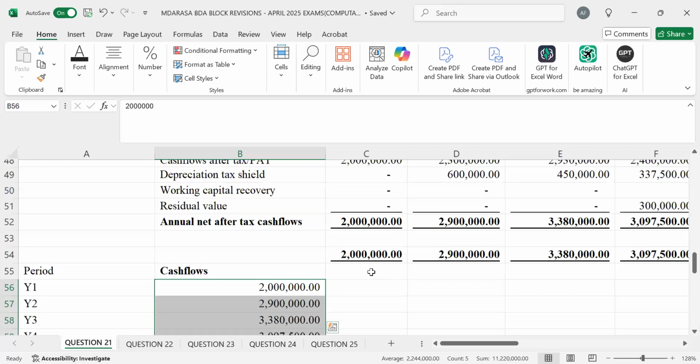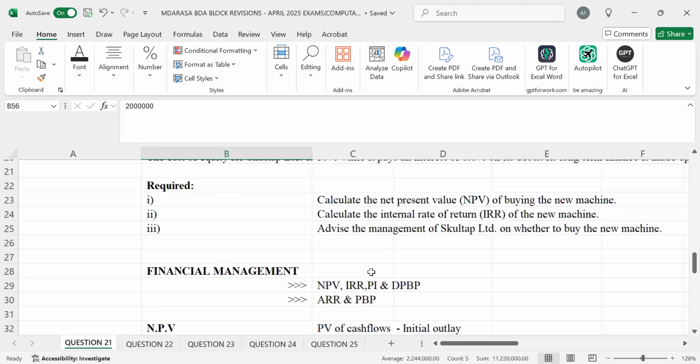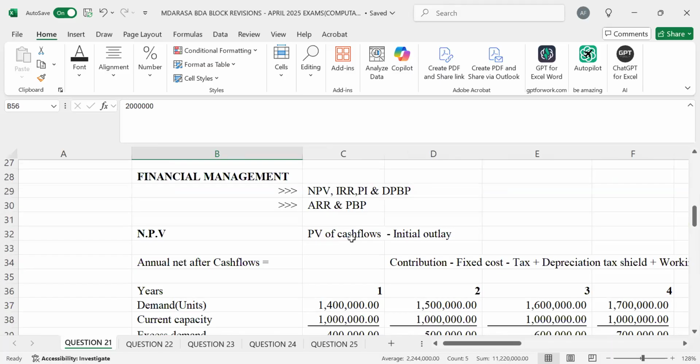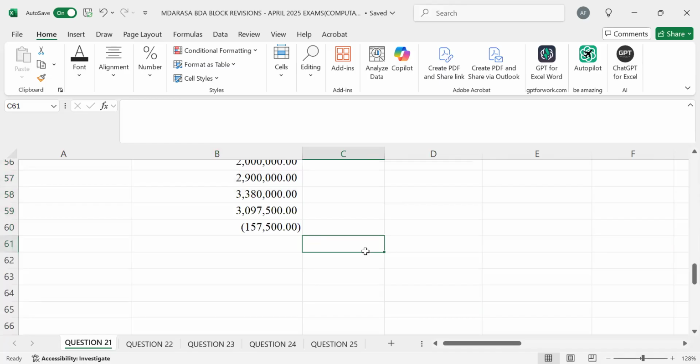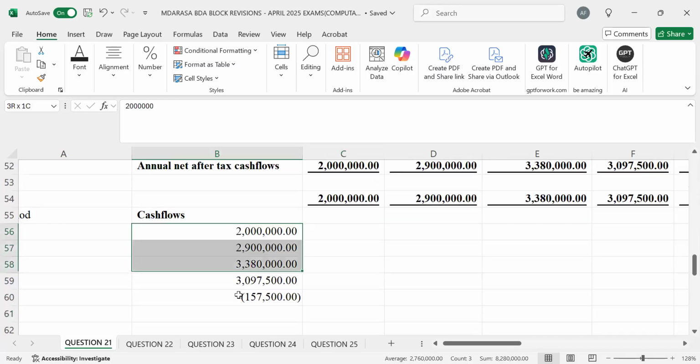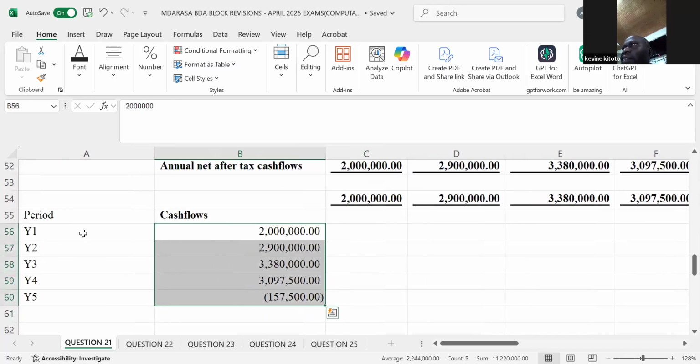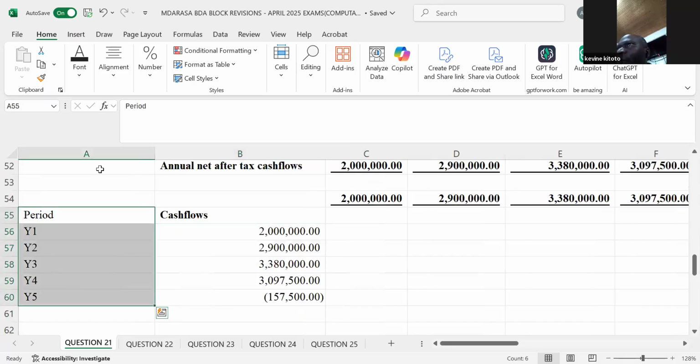Because remember, what is NPV? NPV, we need to consider the present value of our cash flows. So you're going to consider it when computing the present value, because for present value, you must have what? You must have a factor. So that one you've not yet used, you're going to use it, okay? Okay, great.